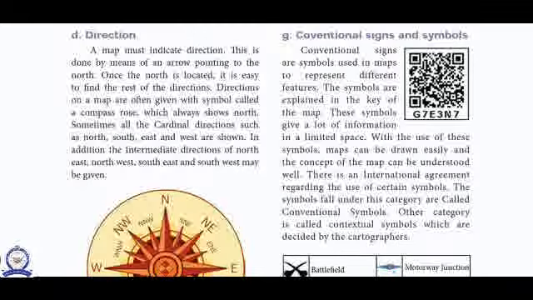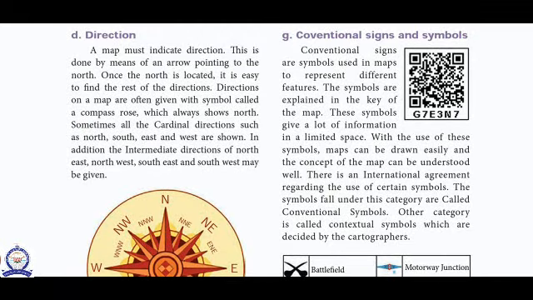Next one is direction. A map must indicate direction. This is done by means of an arrow pointing to the north. Once the north is located, it is easy to find the rest of the directions.